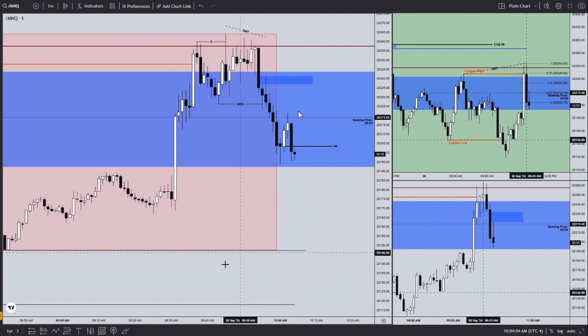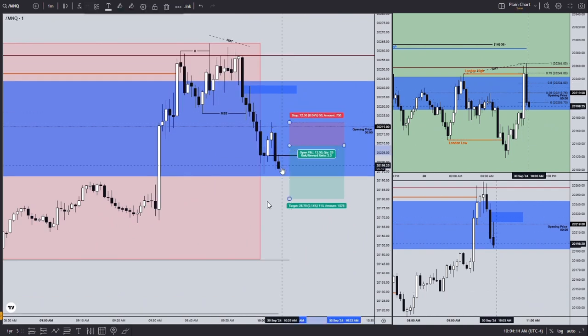This is still the 2022 model, but I'm just taking a more confident entry, or an entry that I'm more confident in besides taking this entry here. So this is still a 2022 model, but I'm just taking a continuation trade with more confluences and more conviction.